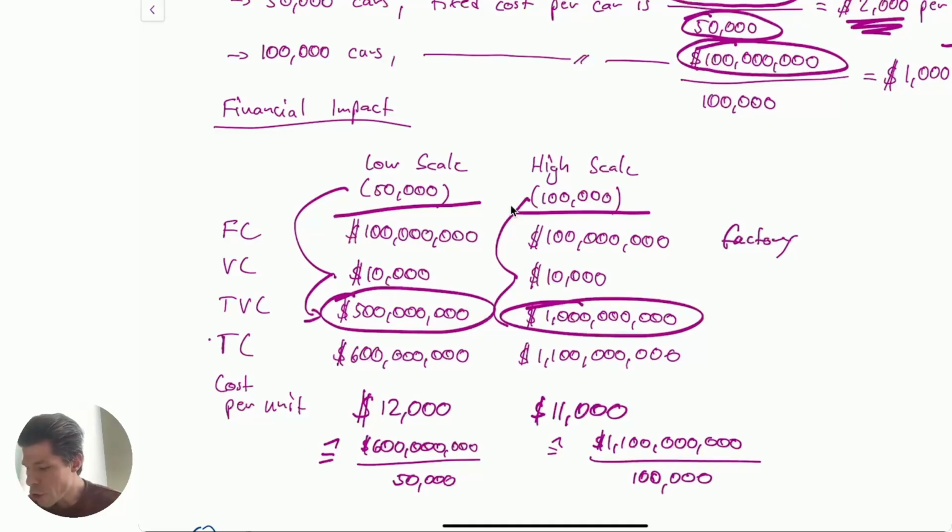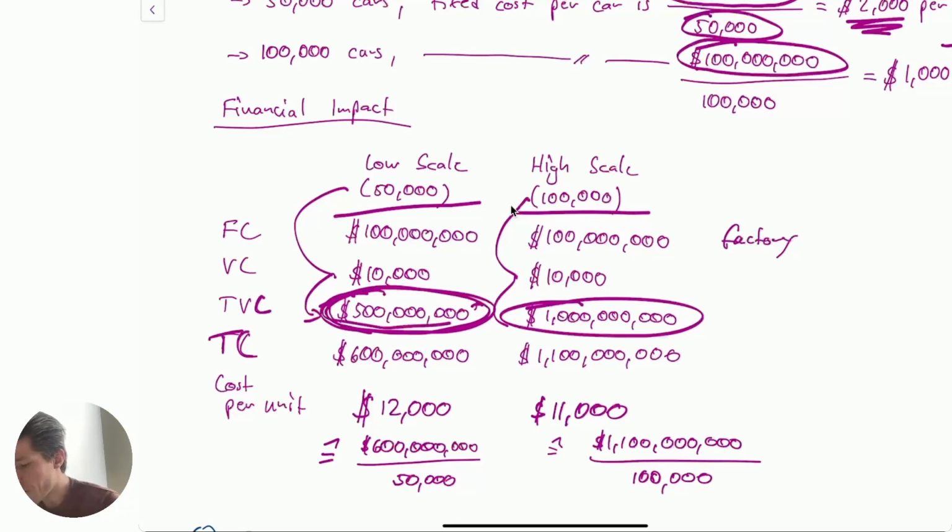Then your total cost equals total variable cost plus fixed cost. Total variable cost already multiplies 50,000 cars times the variable cost of 10k per car.